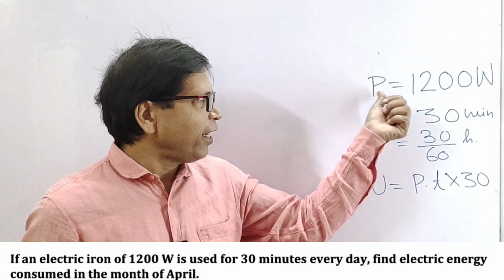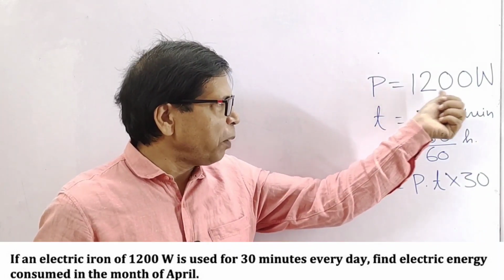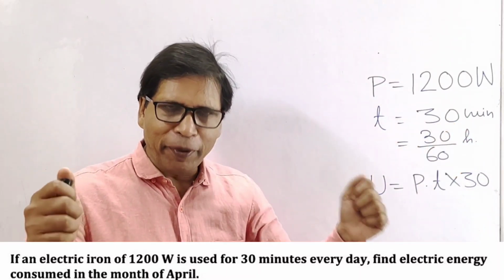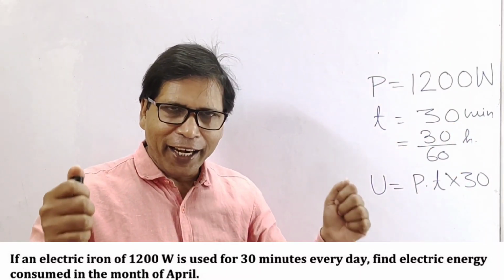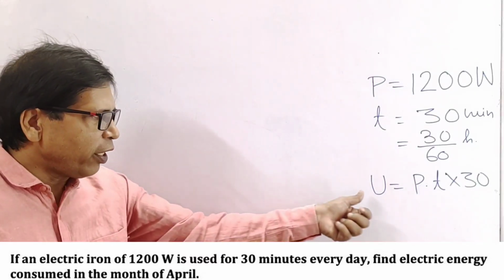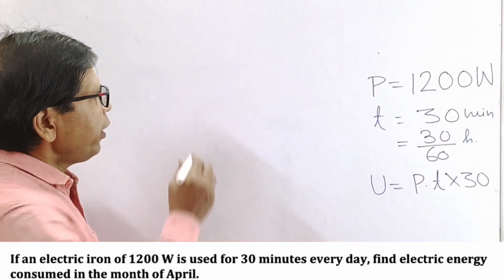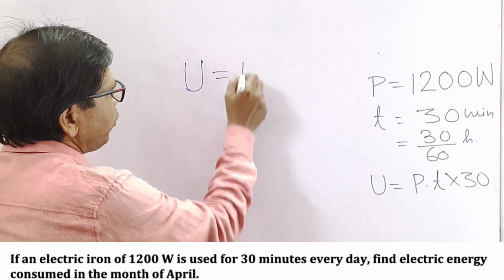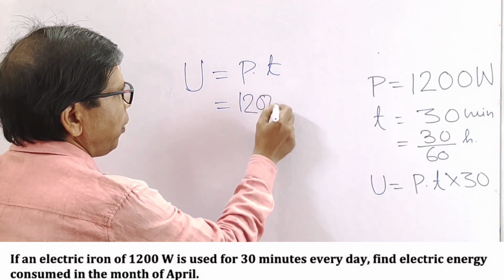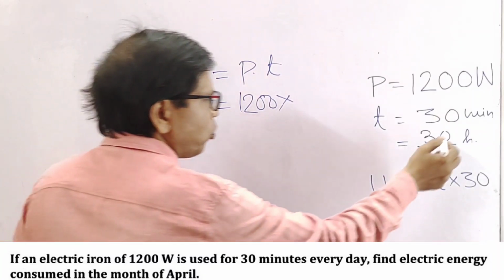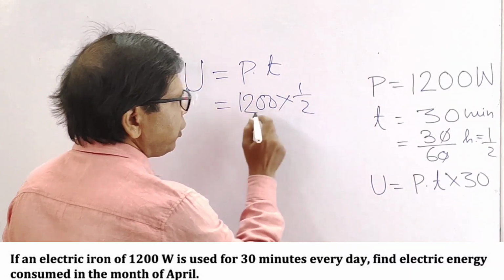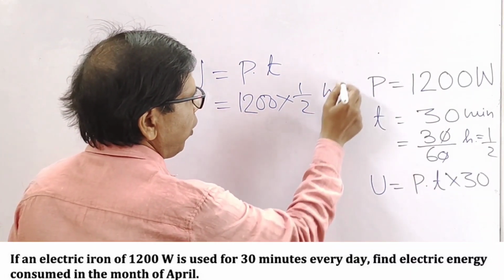Okay, look at this. An electric heater of power 1200 watt is used for 30 minutes every day. Find the energy consumed in the month of April. We know energy used in a day is equal to power into time. Here power is 1200 and time is half an hour. So this is watt into hour, the watt hour.